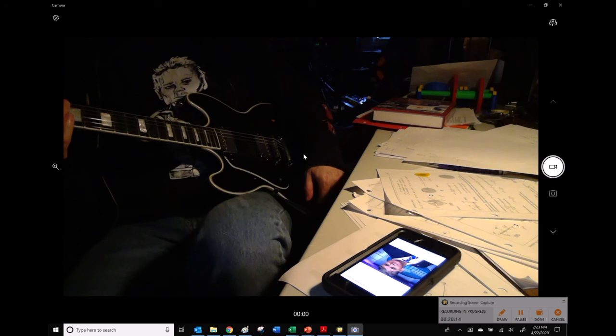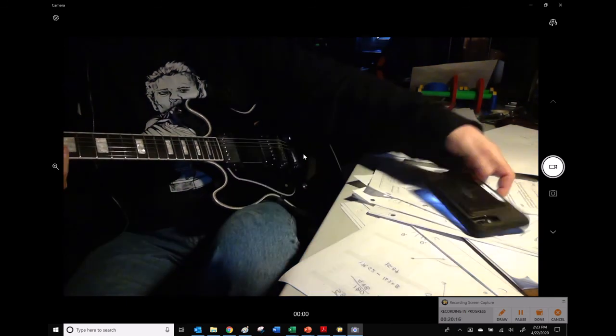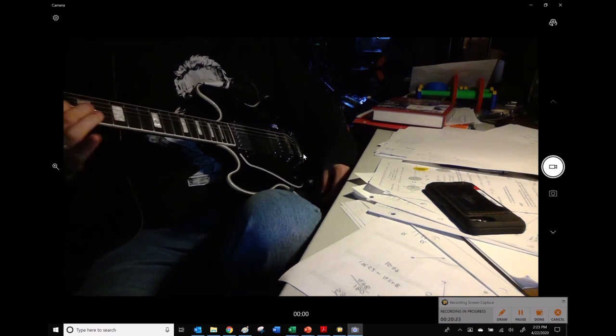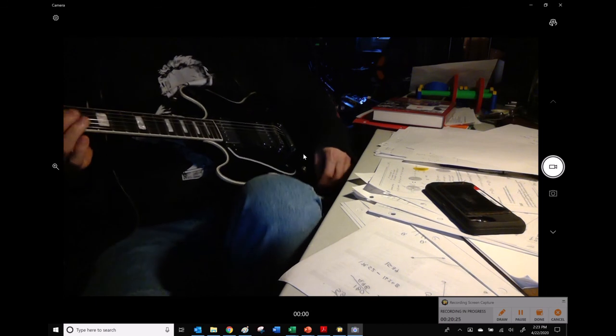so what I'm doing is a volume swell with the volume knob right here, and I'm striking the string so it resonates.